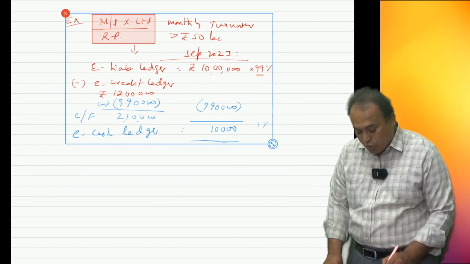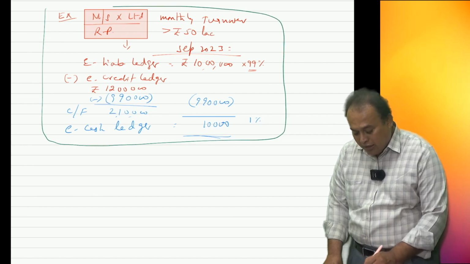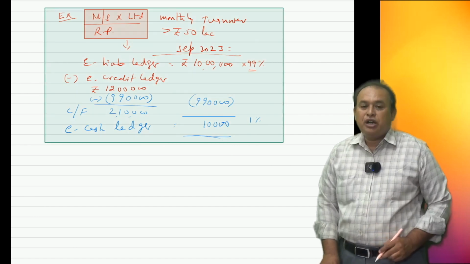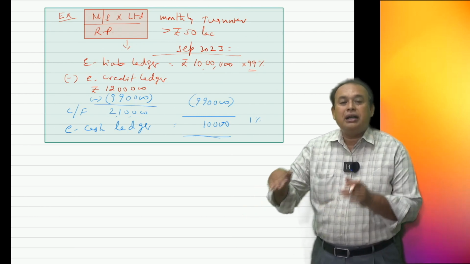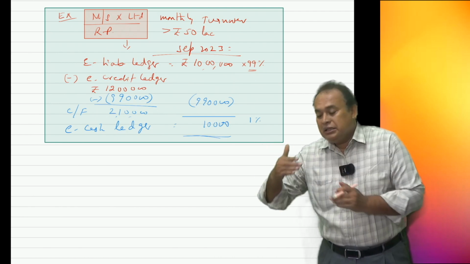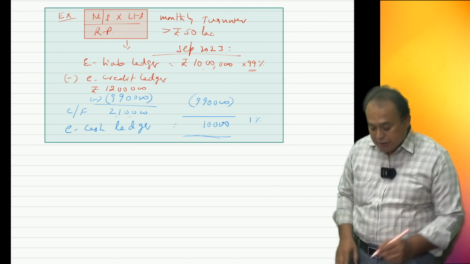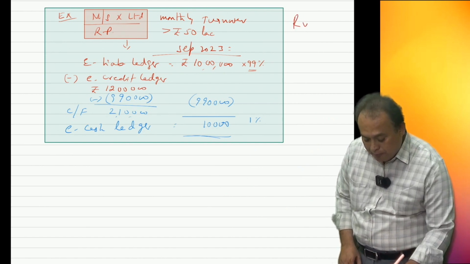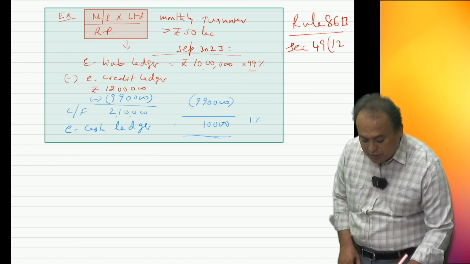It is applicable to whom? It is applicable to those taxpayers whose turnover is more than 50 lakhs in a month. For them this provision applies. This provision is rule number 86B, read with section 49 subsection 12.